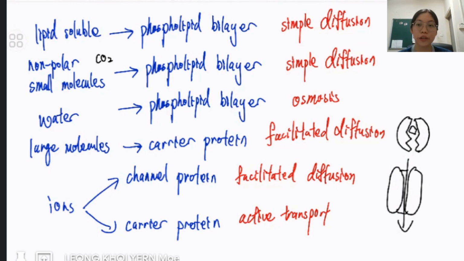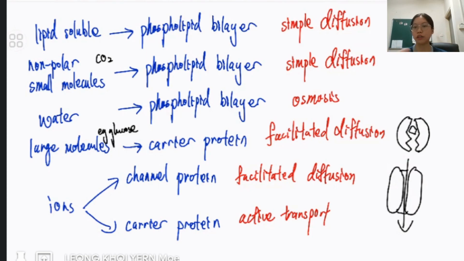So large molecules require carrier protein, like glucose. Meanwhile, for ions, they require either one of them, channel protein or carrier protein. It depends on the situation. For channel protein, they just go through facilitated diffusion. Meanwhile, for carrier protein, they require active transport.